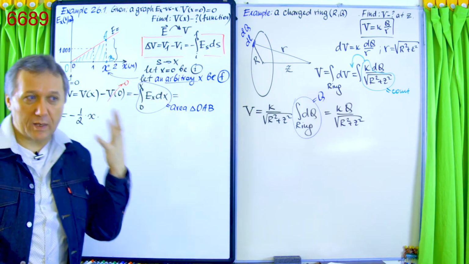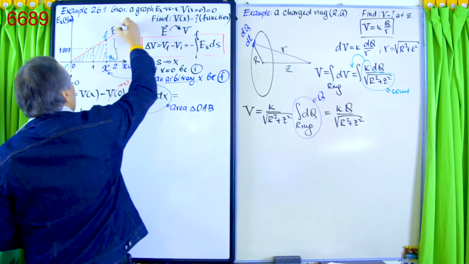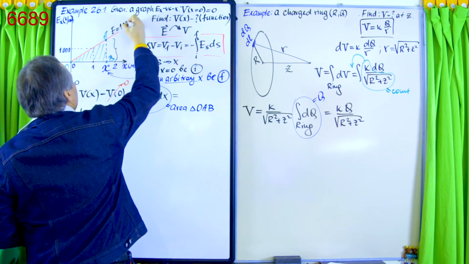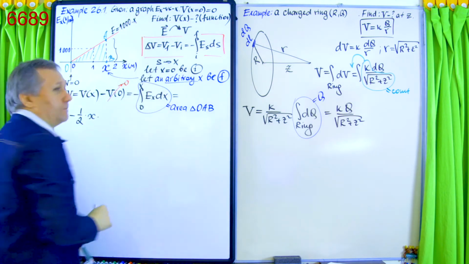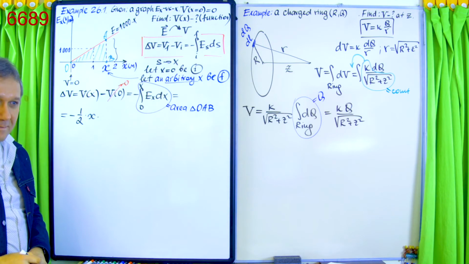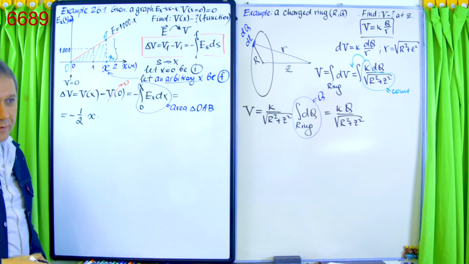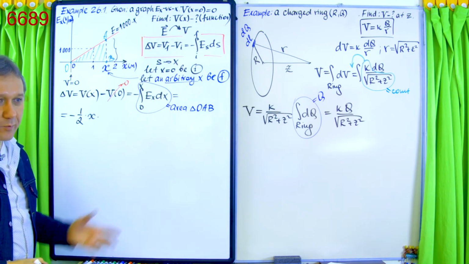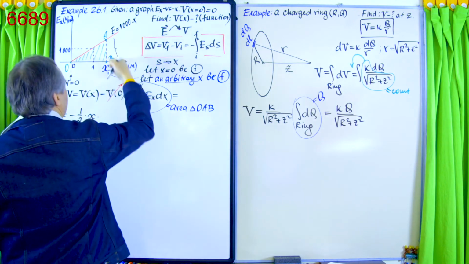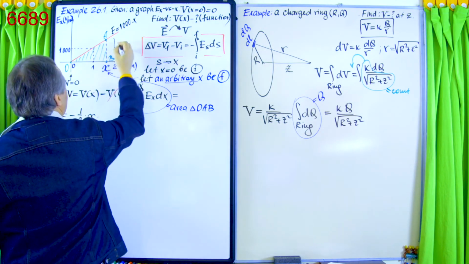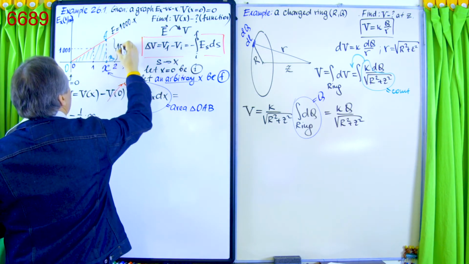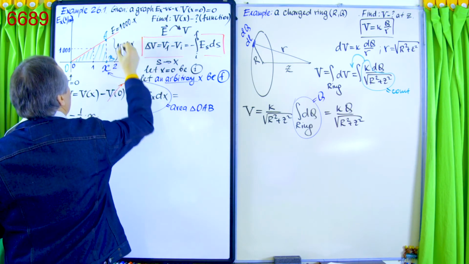So the slope is 1000. So the equation of this line will be 1000 times x. All right? It's just high school stuff, how to write the equation of a straight line. So as a result, since it's x, the height will be 1000 times x. So that's the height.